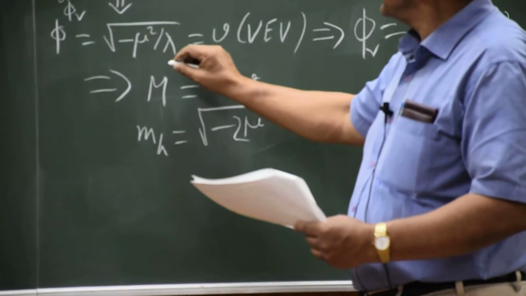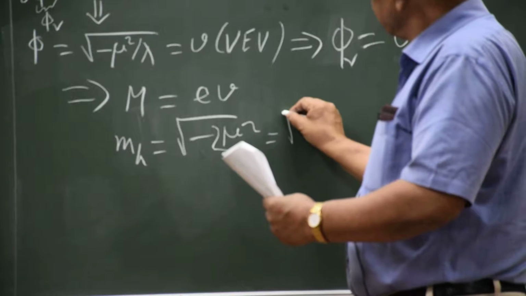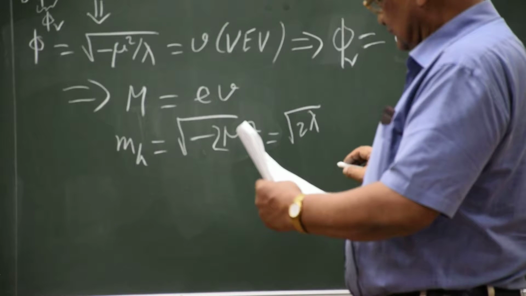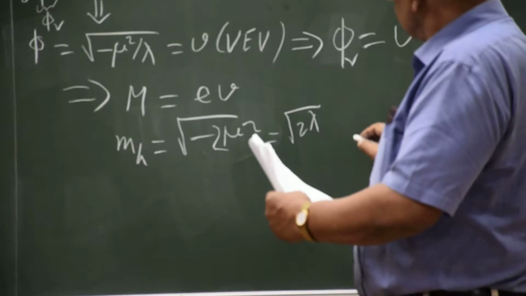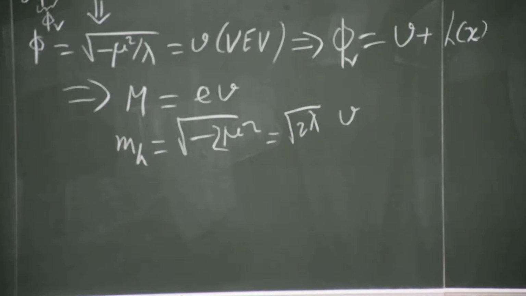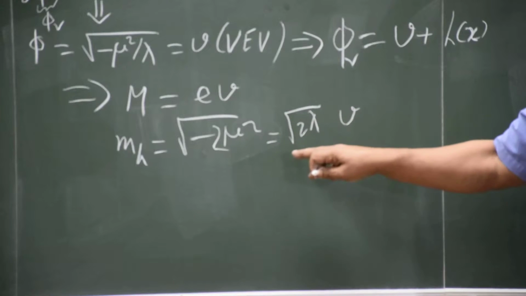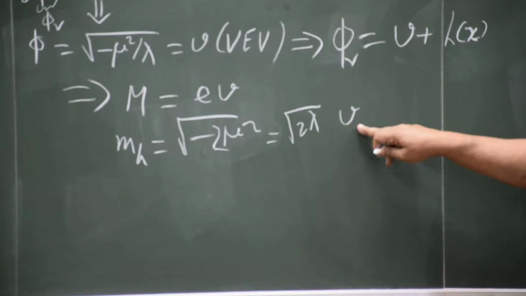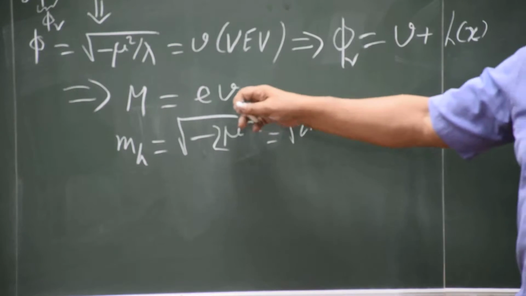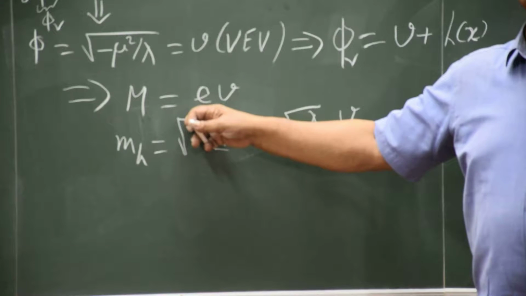So from this equation, mu square will be root lambda times B, simply using this equation. Now V from this equation is the gauge boson mass divided by the gauge coupling.